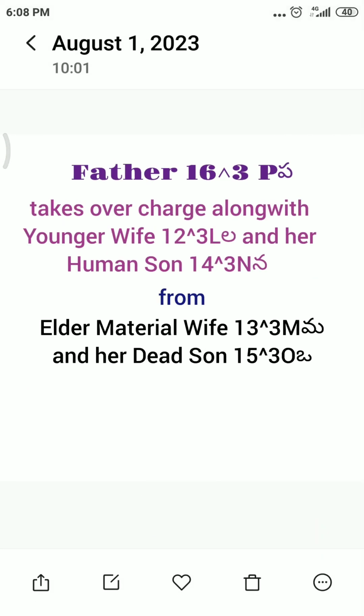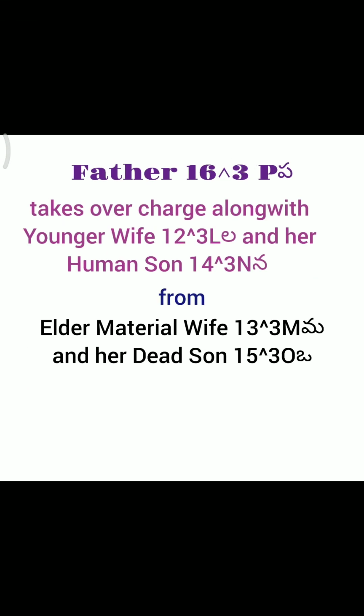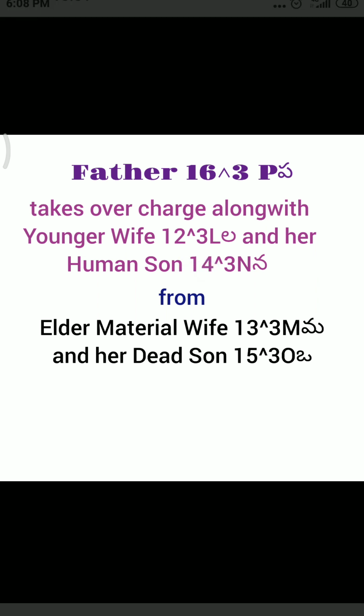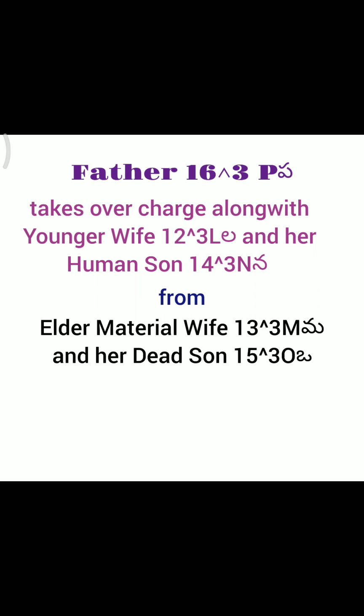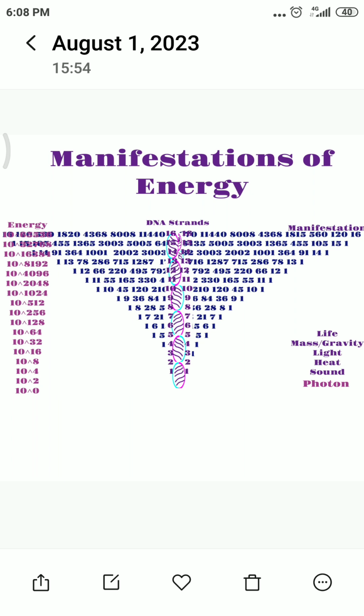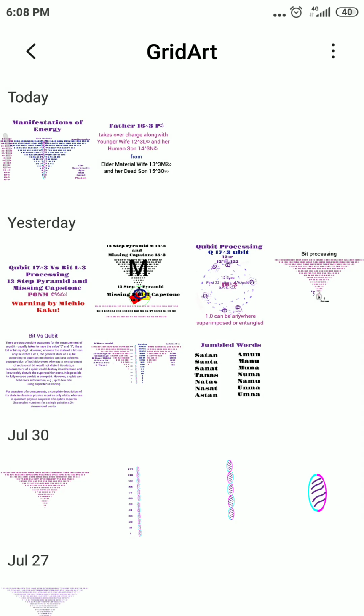Same thing. 16 cube is the kind of father figure, and his son is 14 cube with 12 cube, and here we have 15 cube, and this is 13 cube, O and M, and their son is basically our son.